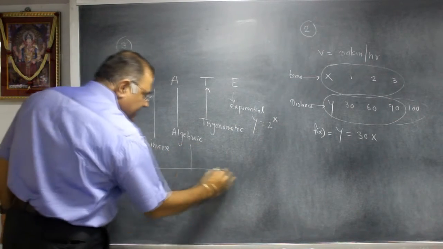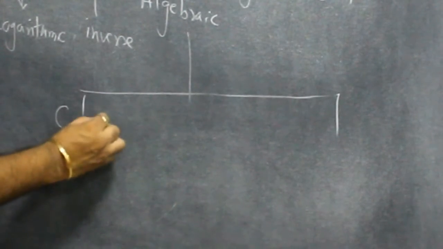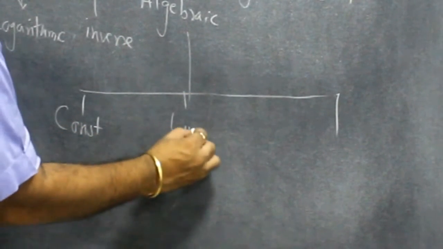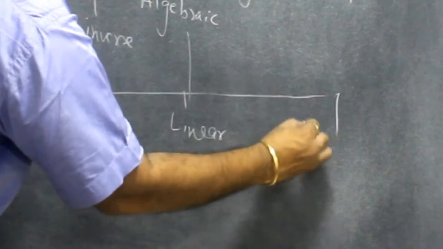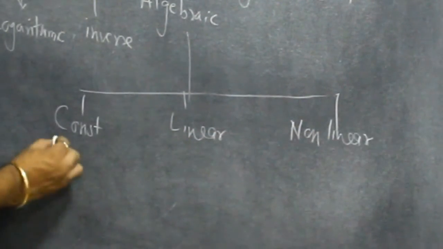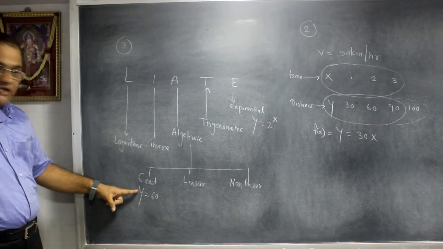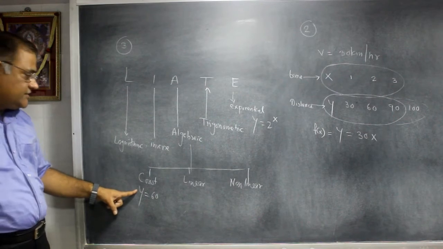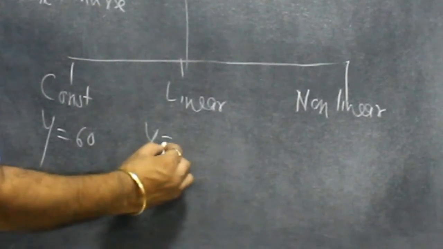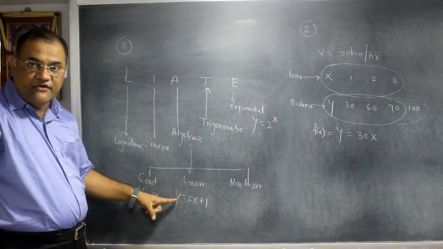Algebraic में there are 3 types: constant, linear, non-linear. If I take the value of y as 60, so it does not depend on the value of x, constant function. अगर x and y की डिग्री 1 है तो that is called as linear function.